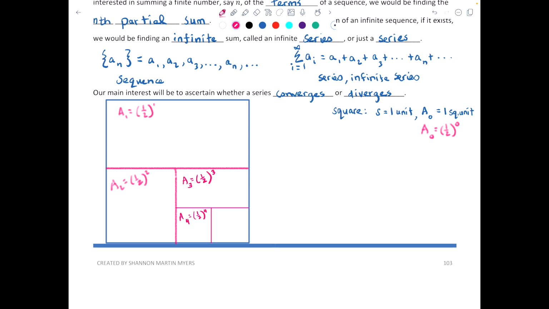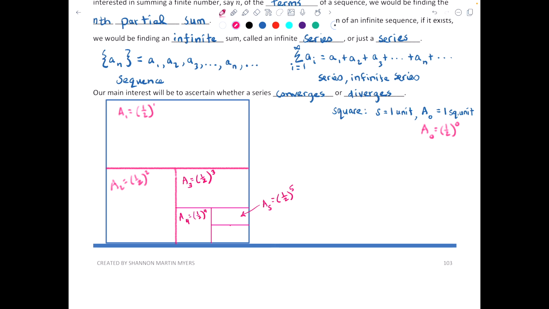And then you can keep going, and you'll never quite find it. It won't ever end. It will appear to end, but it won't ever quite end. So this one would be a 5, which would be 1/2 to the 5th.